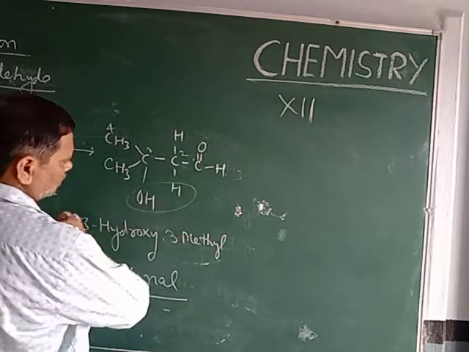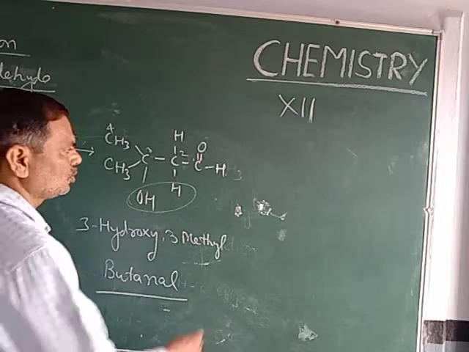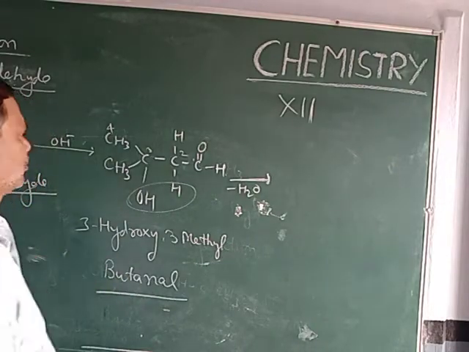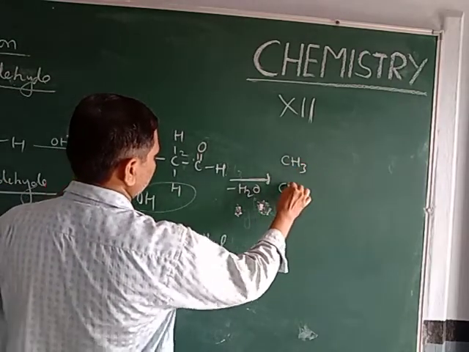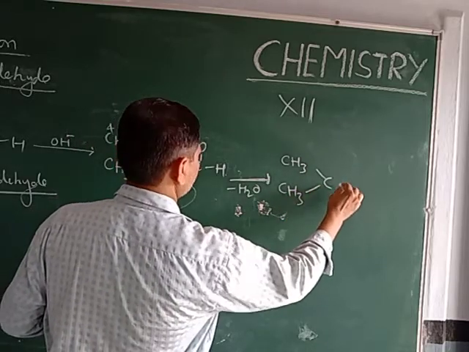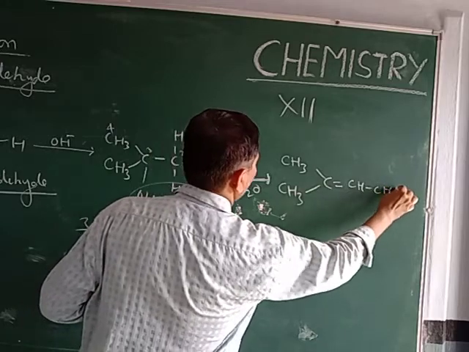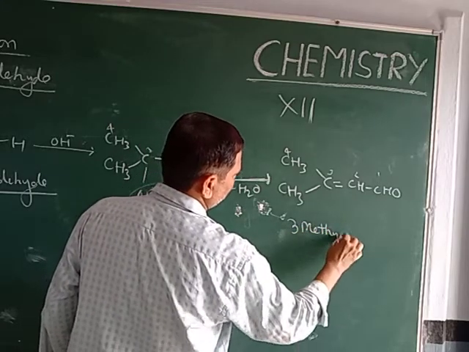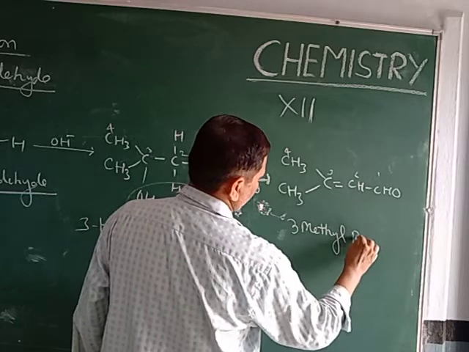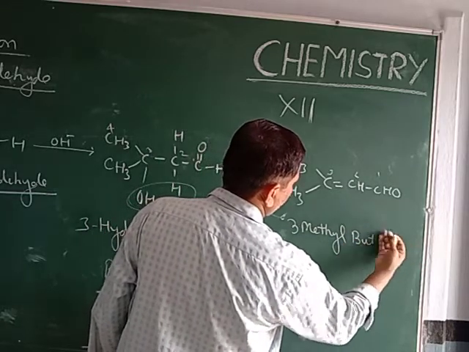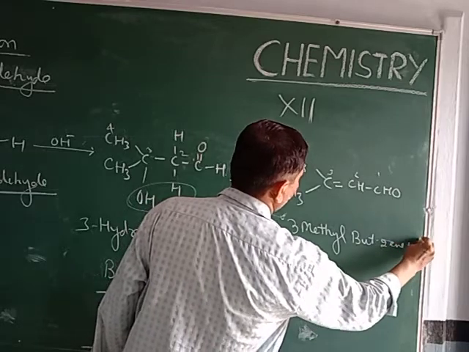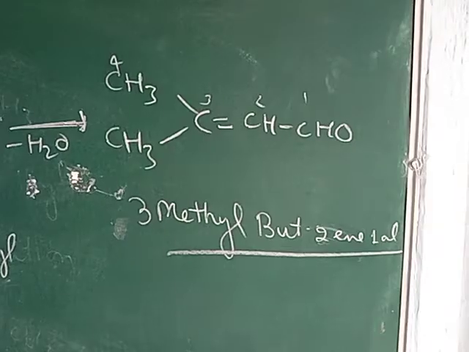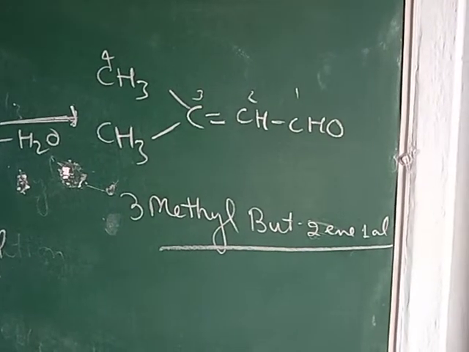A water molecule is released, and the product will be CH3C double bonded CHCHO, with 1, 2, 3 and 4, 3-methylbut-2-enal.